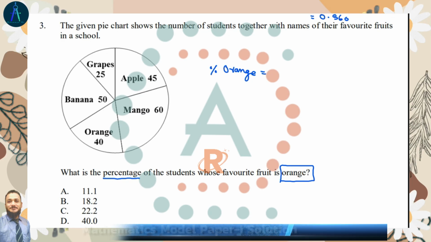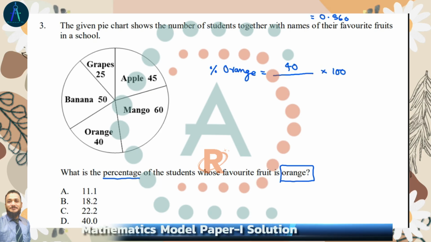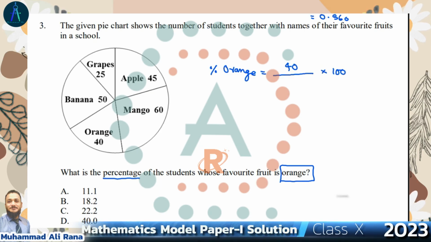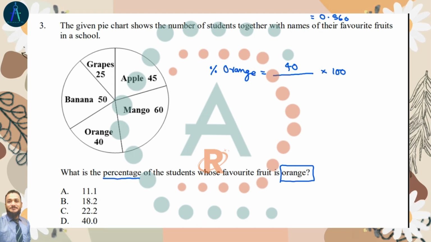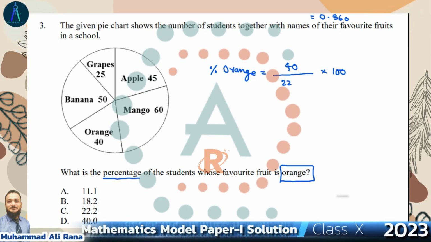तो orange की percentage मालूम करने के लिए number of students that like orange divide कर देंगे इसे total number of students से, multiply कर देंगे 100 से. Total number of students अगर आप निकालना चाहें तो 25 plus 45 plus 60 plus 40 plus 50. So in this way we have got total of 220 students.